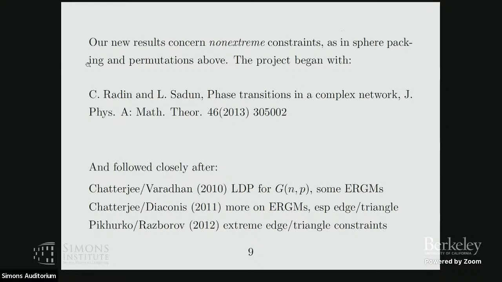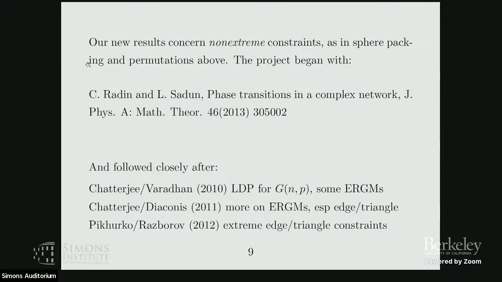I started a project with Lorenzo Sadun in 2013, a year later. And I want to point out the setting, which might be useful, where this came historically. Chatterjee and Varadhan put out the arXiv preprint of their LDP in 2010. And that was the LDP for G(n,p), a fantastic result with lots of consequences. Among them, they talked a bit about applying it to exponential random graph models.